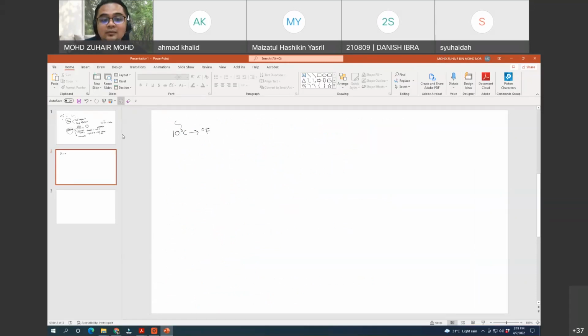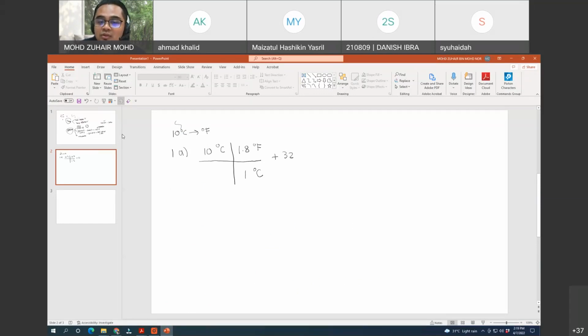Okay, this is 1A. So we have 10 degrees C. Want to convert to Fahrenheit. Okay, degree Fahrenheit, and also at the bottom degree C. So 1 degree C is equal to 1.8 degree Fahrenheit plus 32.